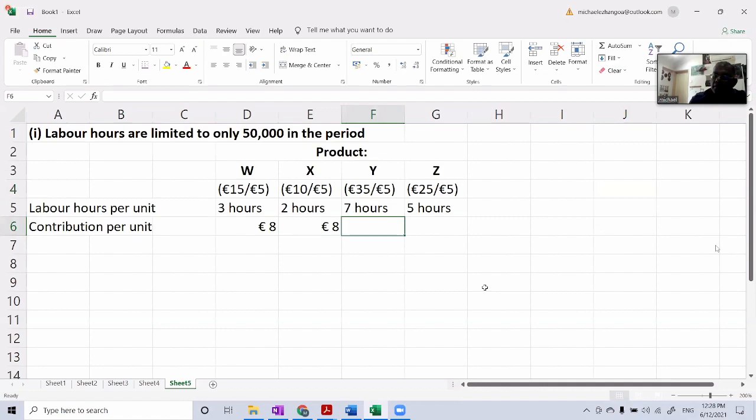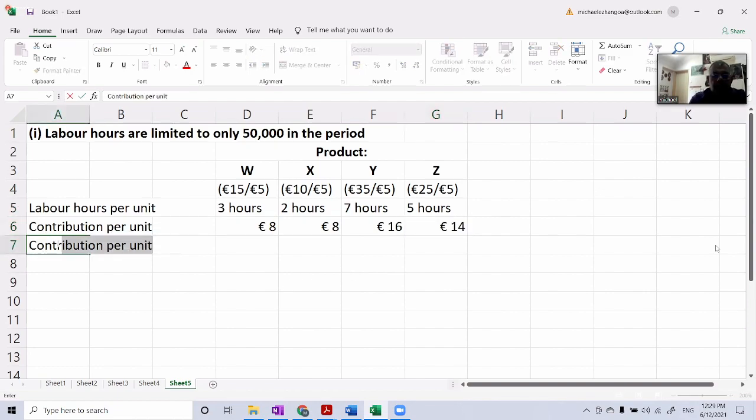We calculate contribution per labor hour.